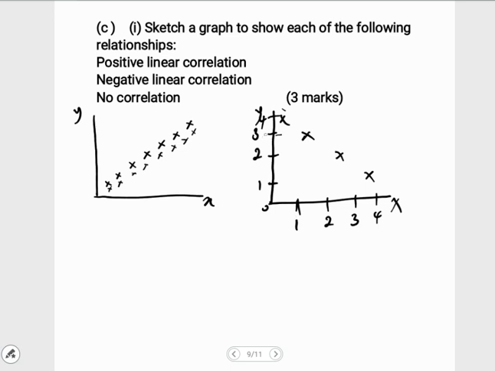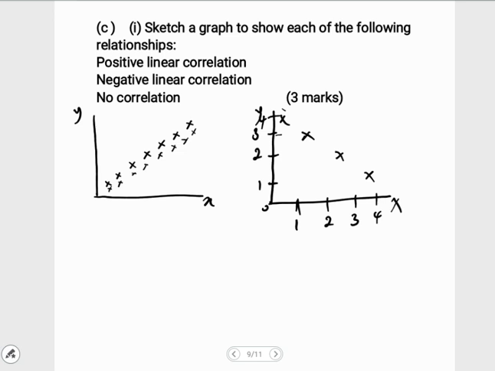When y decreased to 3, our x increased to 2. When y decreased to 2, our x increased to 3, and so on. So you can have as many points as possible on the graph, but let it be shown that when one is increasing, the other one is decreasing.